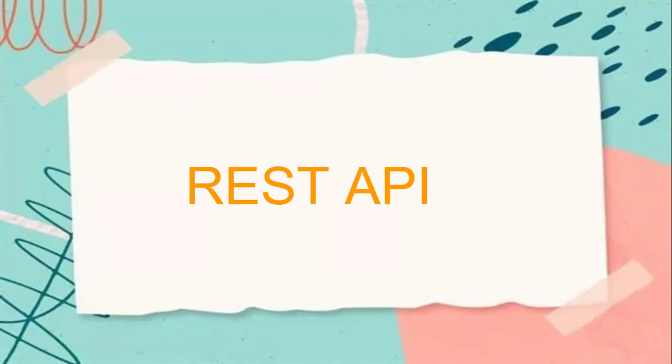Through the REST API, we fetch the data from a third party system. Usually we are working in our Salesforce, right? But here we are going to fetch the data from a third party system, nothing but another server, from the Salesforce server to another server.